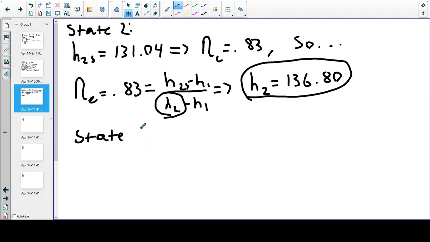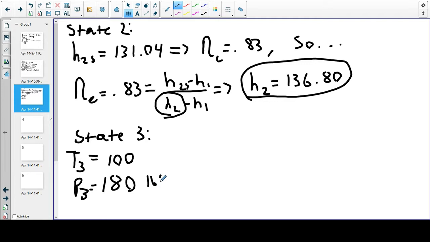And then we move on to state 3. I'm back to circles now. I got off of squares, apparently. Back to state 3. We know that T3 is equal to 100 degrees Fahrenheit, and pressure 3 is equal to pressure 2, which was 180 psi.